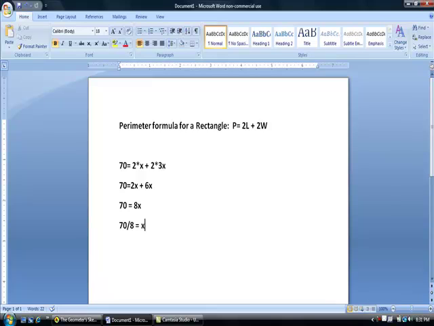So 70/8, I know you don't like fractions, that's 8.75 as a decimal. Then to figure out the length of the other side, being 3x, we take that and multiply it by 3, and we get 26.25.